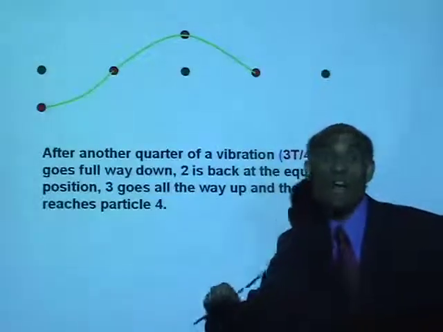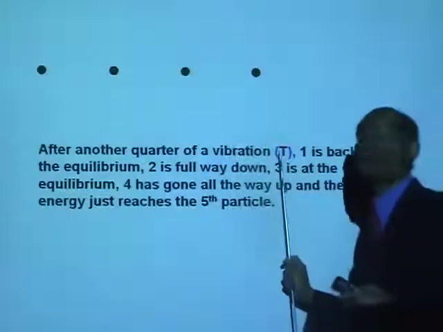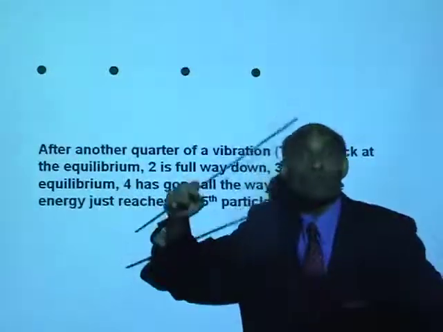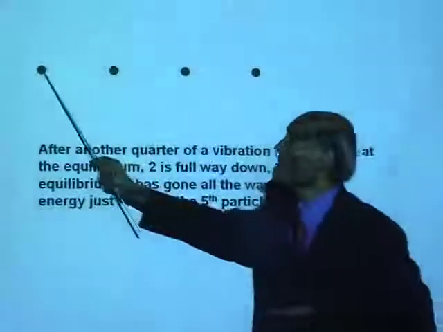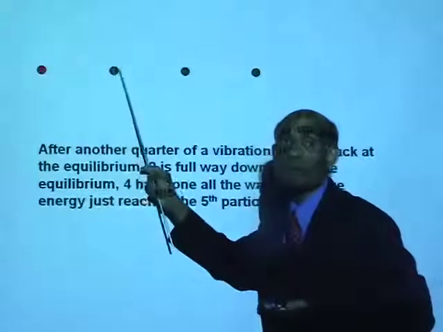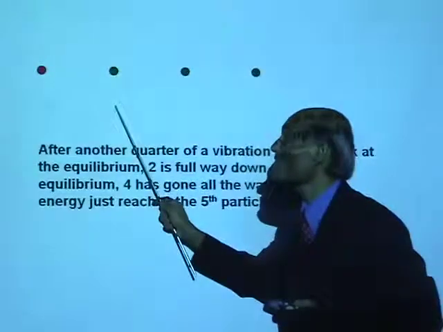What is the situation after another quarter of a period? After another quarter, particle 1 has completed one vibration. That is one period. Alright? Particle 1 has completed one vibration. Where is particle 2? It has completed 3/4 of a vibration.